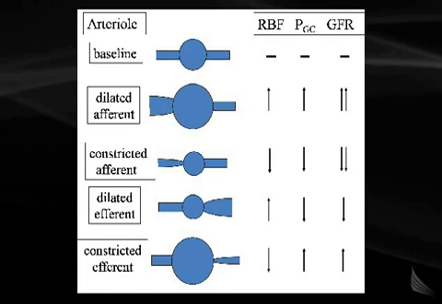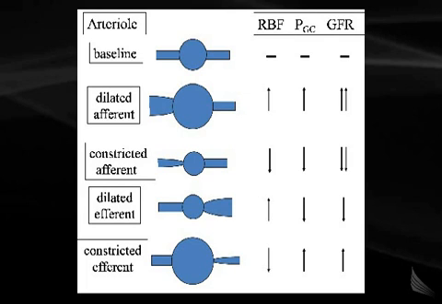Here we have 5 images of the afferent arteriole, the efferent arteriole, and then the middle circle representing glomerular capillary hydrostatic pressure. The first image represents baseline. If the afferent arteriole is dilated and there are no other changes, then both renal blood flow and glomerular capillary hydrostatic pressure increase.